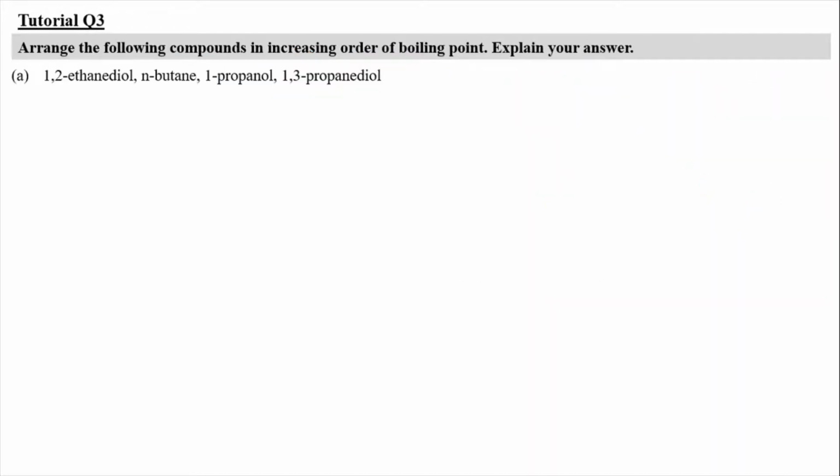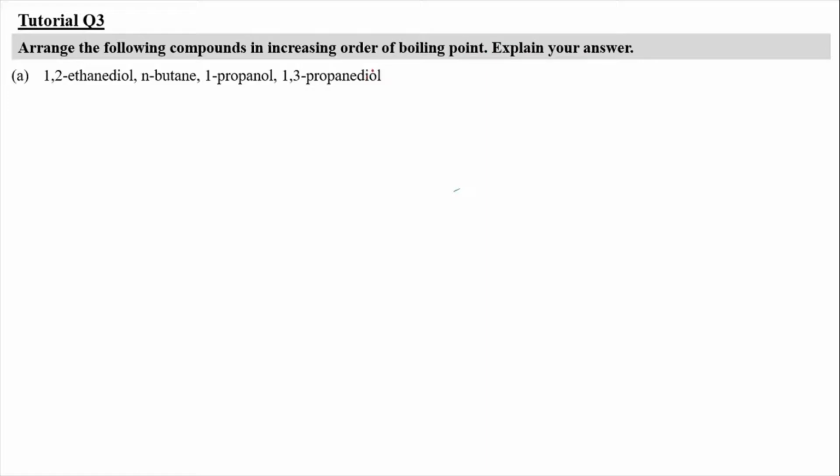Now for tutorial question 3, we have to arrange the following compounds in increasing order of boiling point and explain our answer. We have 1,2-ethanediol, n-butane, 1-propanol, and 1,3-propanediol. As you can see, the structures are different. So what we can do first is figure out the factors affecting the boiling point.